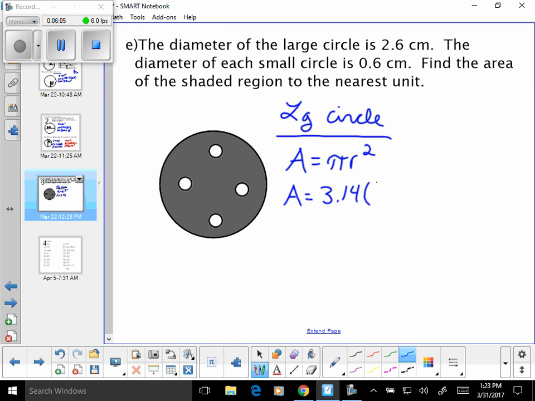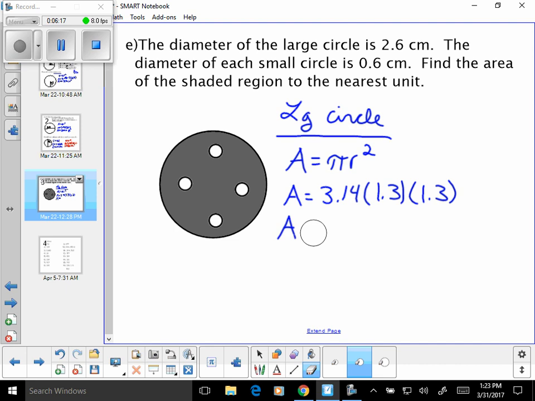So I have to change this to 1.3. 2.6 divided by 2 is 1.3. Now, they want me to round off, and I am not going to round this one off right away. I'm going to keep it as 5.3066 centimeters squared.